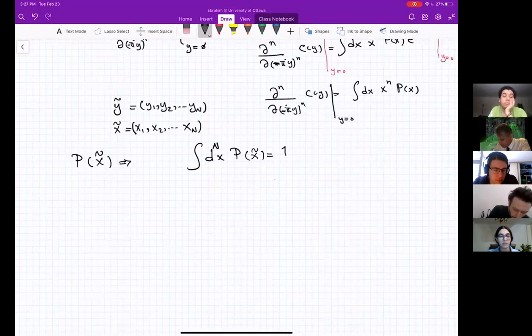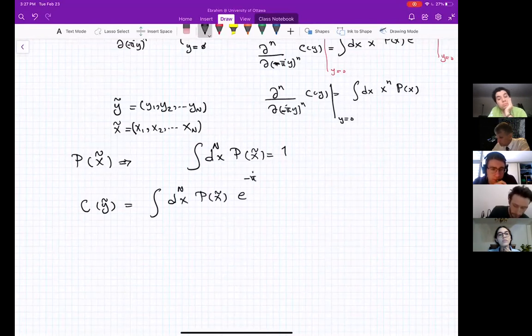And again, you can define a characteristic function for that n-dimensional probability, which is given by the integral of d^n x p(x) e to the power of minus i x dot y.